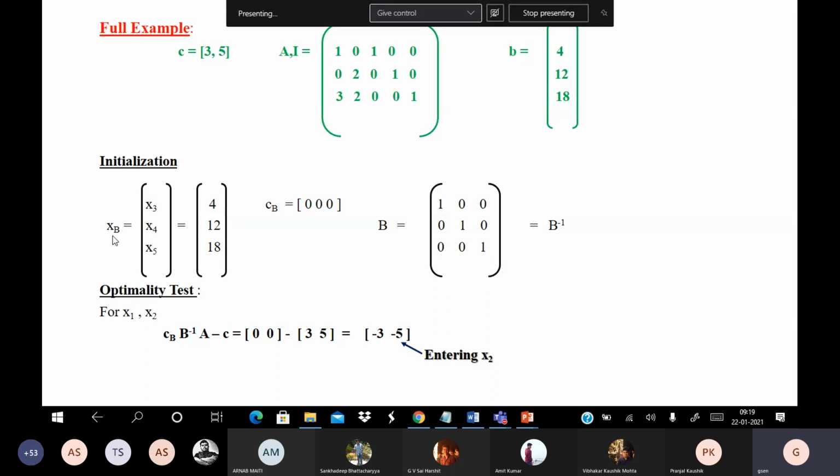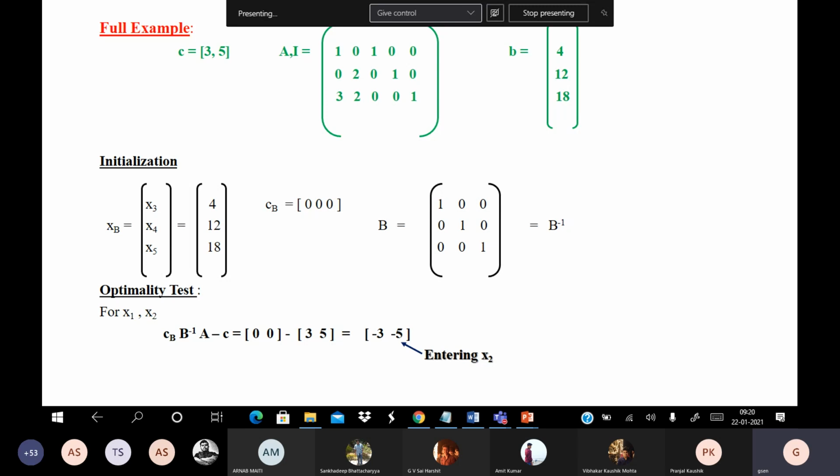So essentially the value of xB is B inverse b, which will be the same 4, 12, 18, small b, fine, okay? And what will be the value of z for this initial solution? 0. Right.